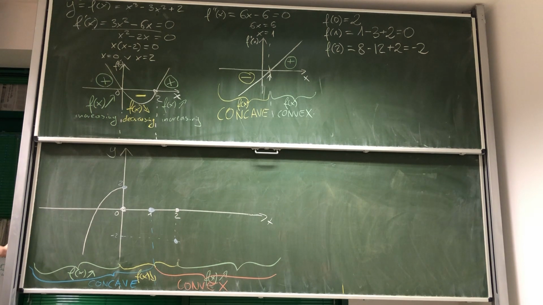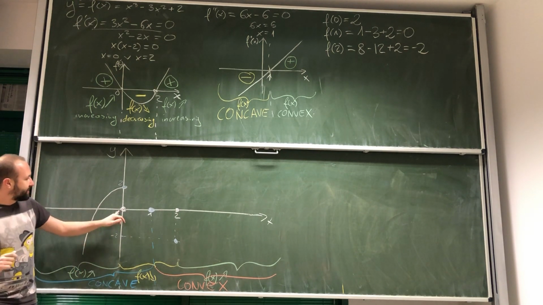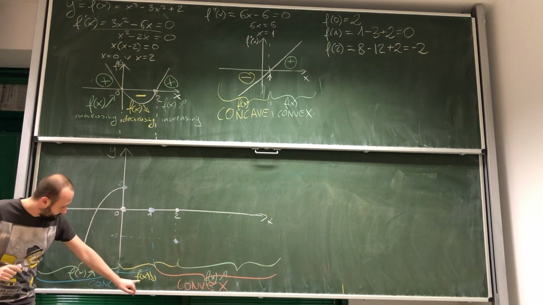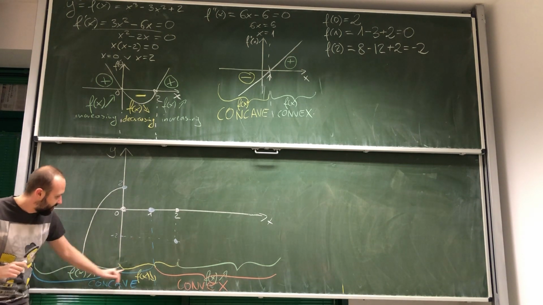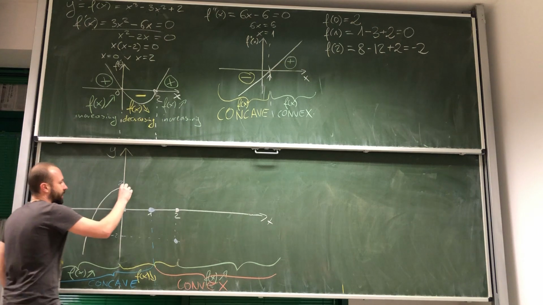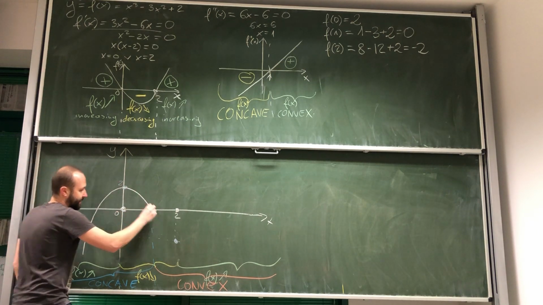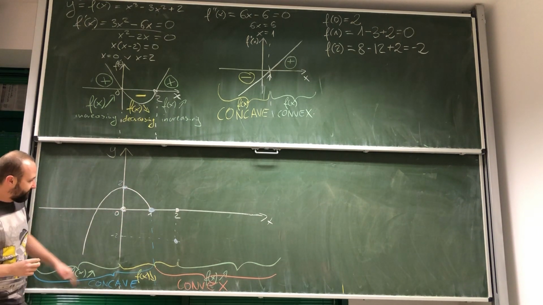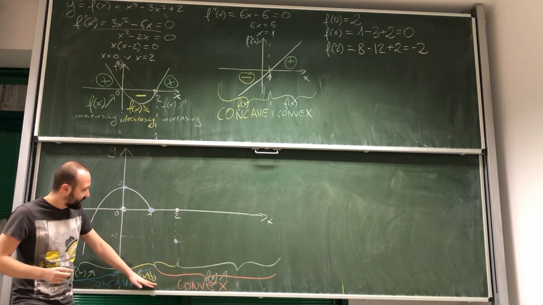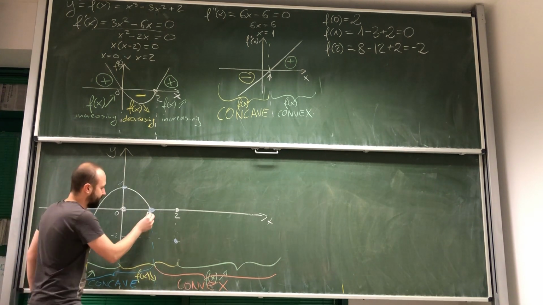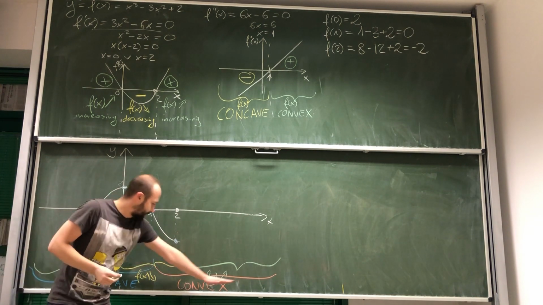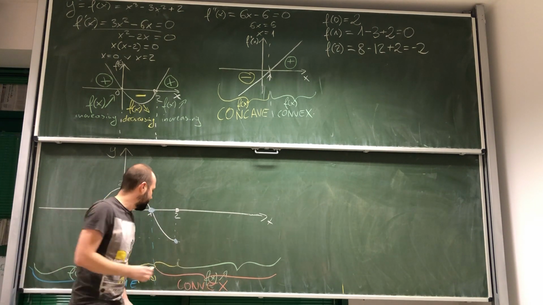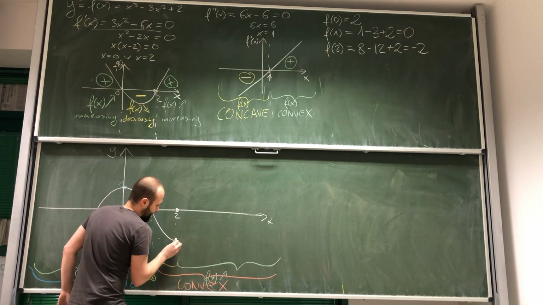Then what happens is the function between 0 and 1 is still concave, but now it's decreasing concave, which means that it will look like this. Then the function continues to decrease, but now in a convex manner. And from this point on, it's of course still convex, but now increasing.